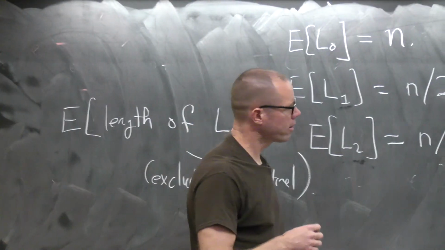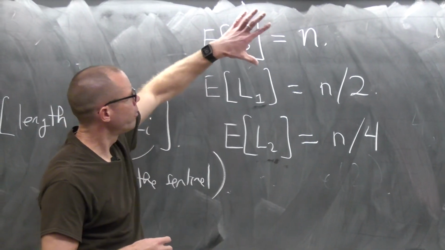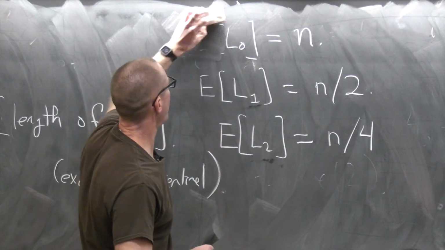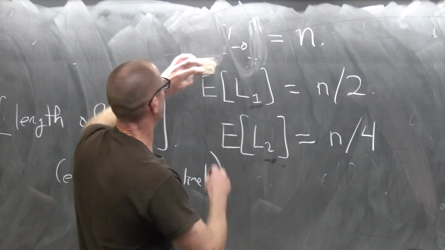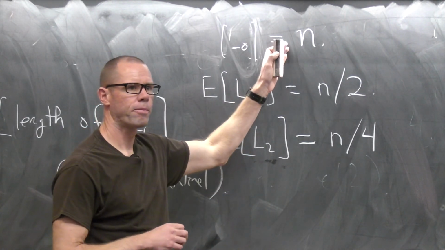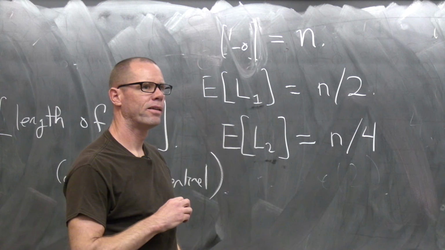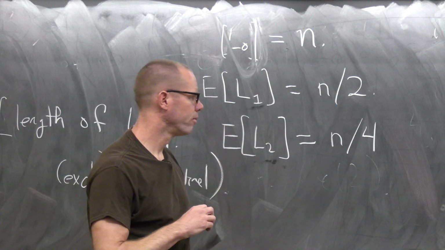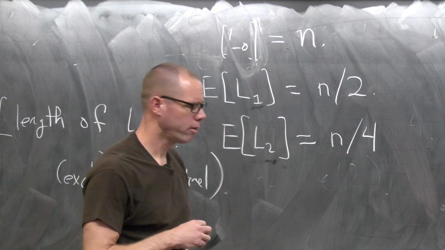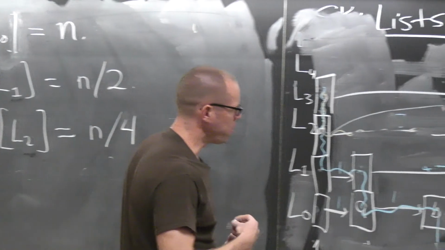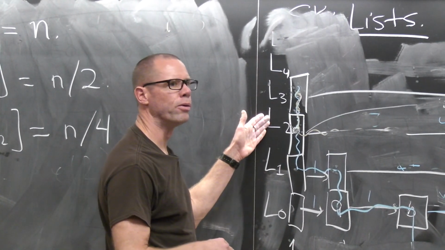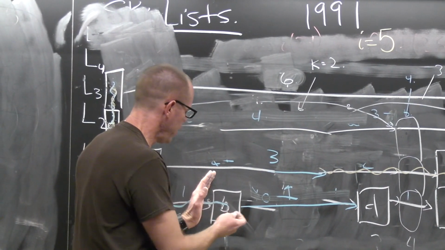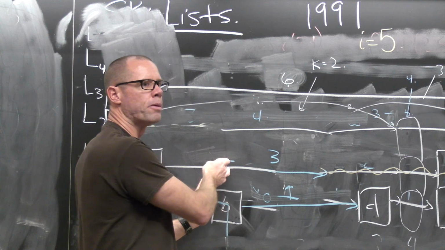So there's one thing we know: L0, it's not even an expectation, just the size of L0 is just n. Should be n over 2 to the i. Yeah. And that's because, for example, to make it to L2, just look at one guy here. How does he make it to L2? He makes it to L2 because he tosses a coin and it comes up heads.